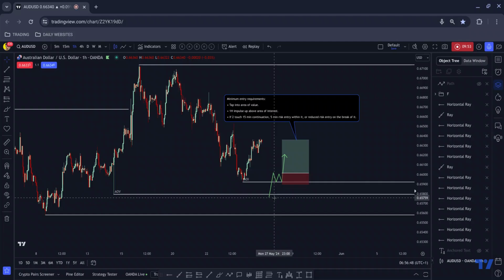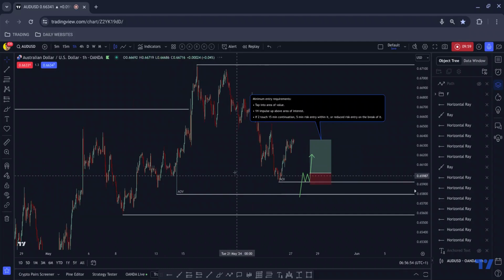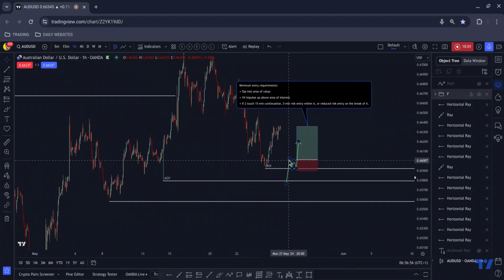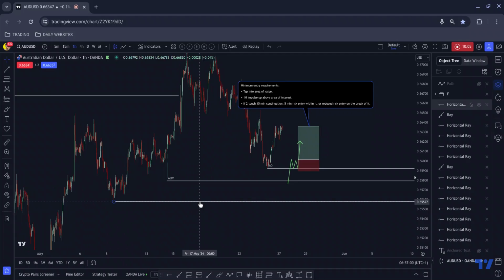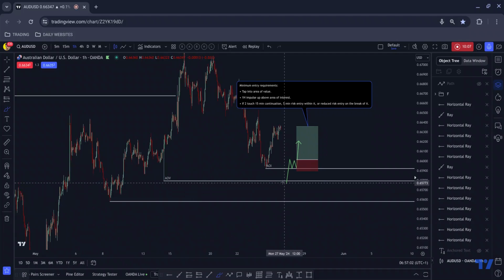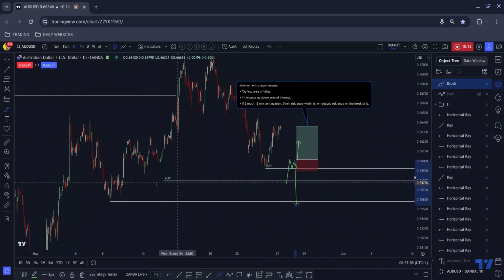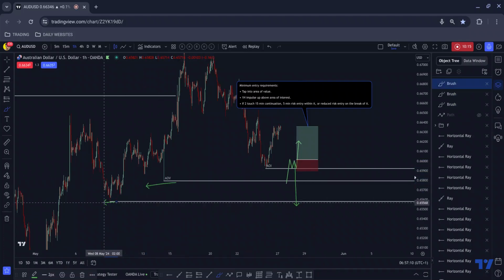And then I'll be waiting for a push back up above this area of value, followed by a 2-touch 15-minute continuation, so 6 to 8 corrective 15-minute candles. I won't be looking for a 5-minute. One of the reasons is that a 5-minute consolidation could just be a temporary stall before we push down to here, because this low actually near missed there to some extent.